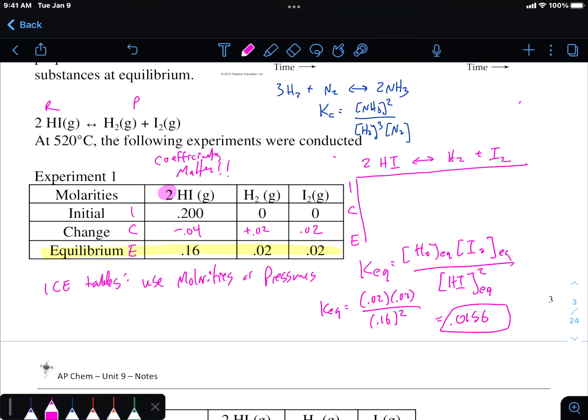It would just be a matter of using molarities and canceling out and having powers, but no textbook that I've ever read bothers. Nobody in the chemistry field bothers with units on equilibrium constants. So, no unit. Okay. All right, would you say that this reaction is product favored or reactant favored?